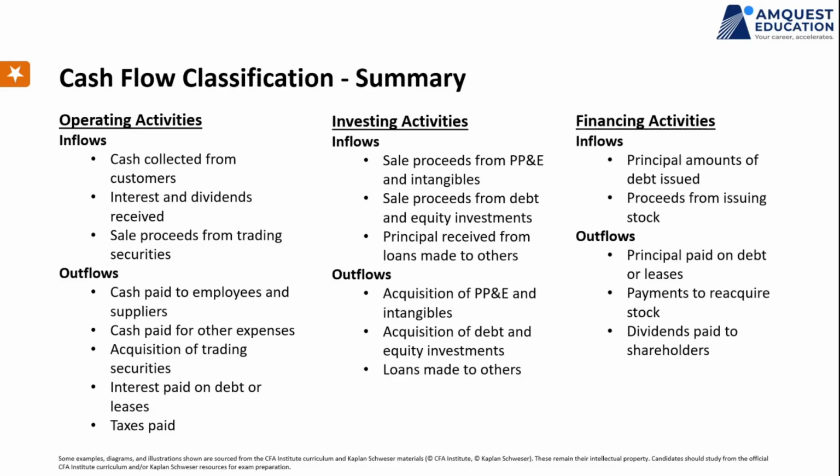But outflows are the acquisition of plant, property, and equipment, acquisition of debt, or loans made to others. All of them will be an outflow. The money is going to go out of the business.